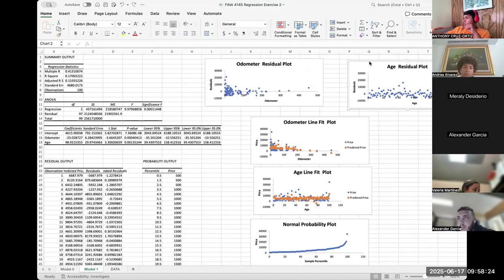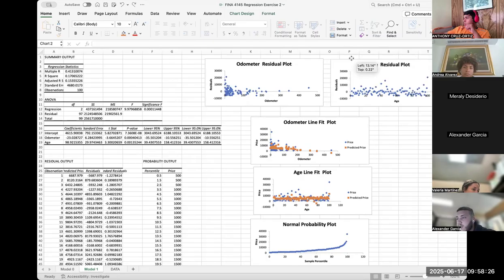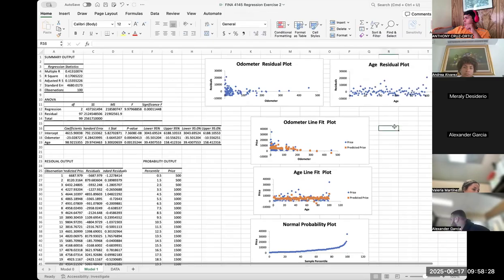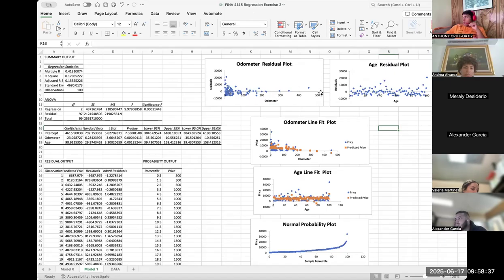You have to just touch the chart or it doesn't work. All right. Okay, so we still have our plots here. This is not nice and random all around with the mean of 0. It's obvious there's something else going on. Same thing here. It's not exactly random.